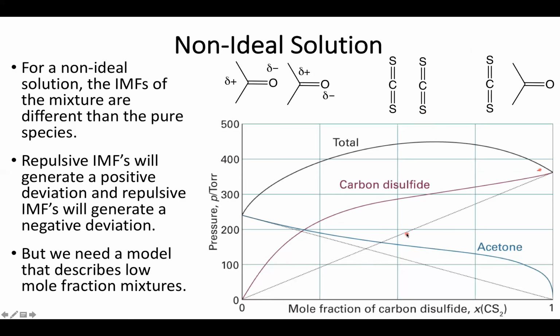But essentially, what ends up happening is that honestly, in this middle region, it can be very hard to describe a non-ideal solution. However, there is another region where you may notice that our solutions actually behave fairly nicely.